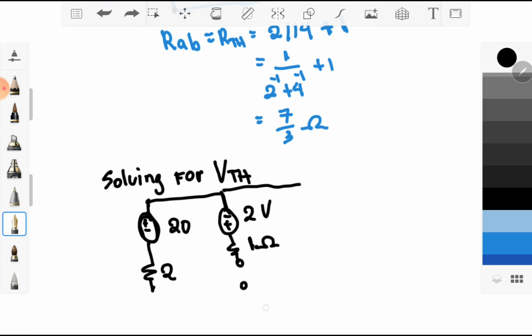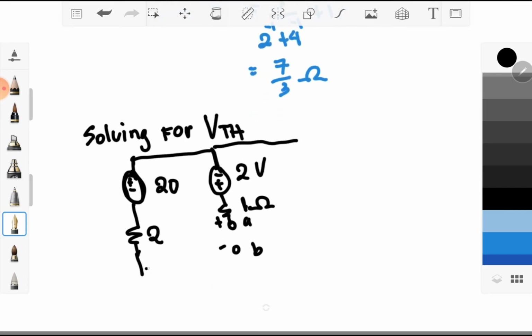Take note, this will be positive, negative. Okay, and then we have our 4 ohm and 16-volt source.